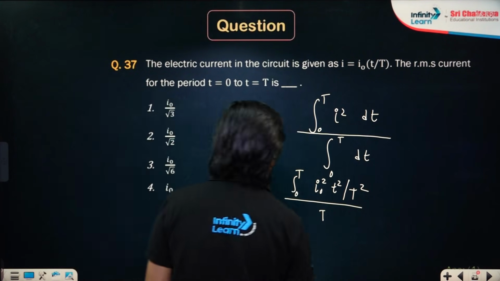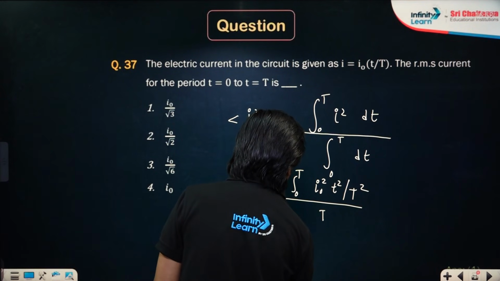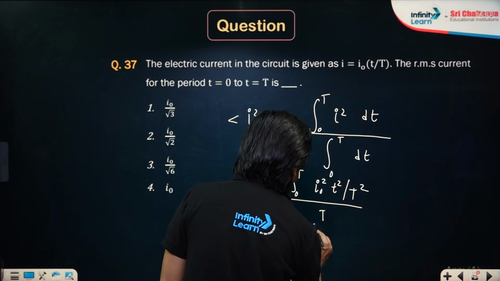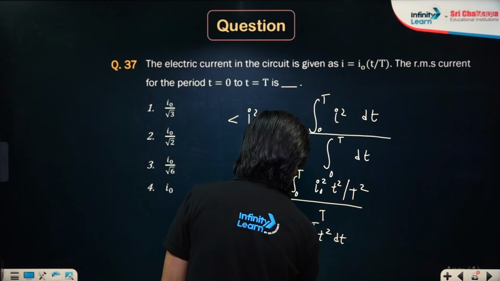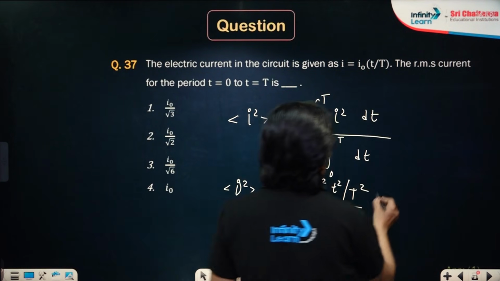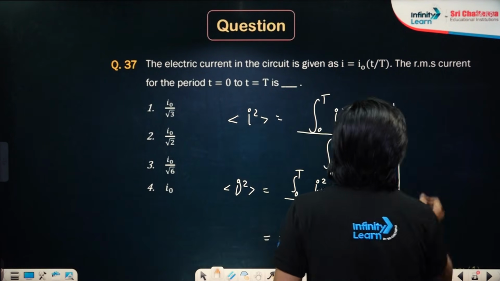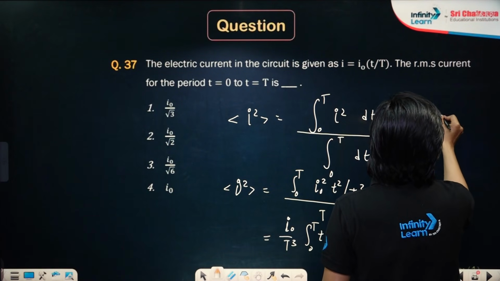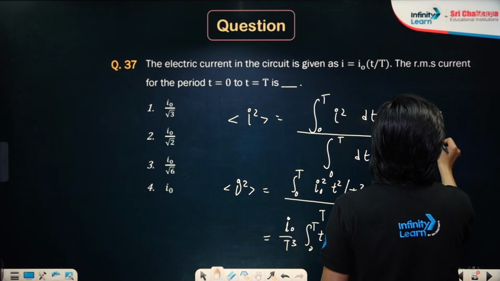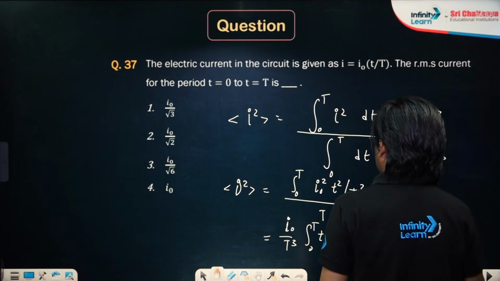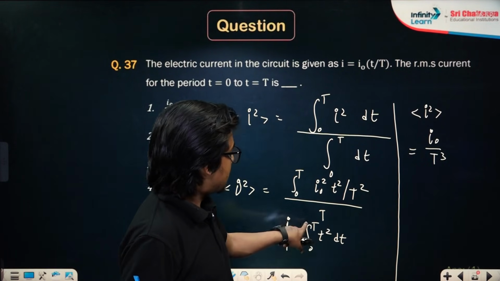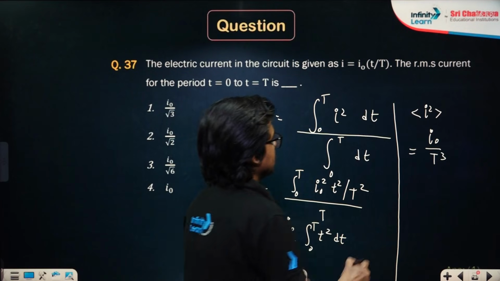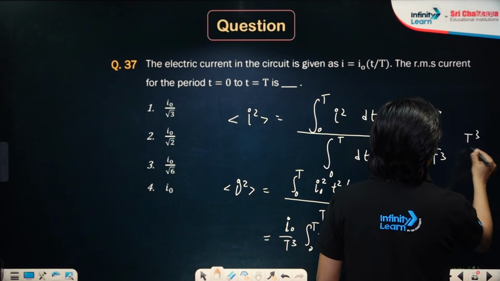If you integrate this, you are going to get 1 by T cube, 0 to capital T, small t square dt. Here is I naught. Now you can write this average value of I square is just equal to I naught divided by T cube. This integral is going to give me capital T cube by 3.